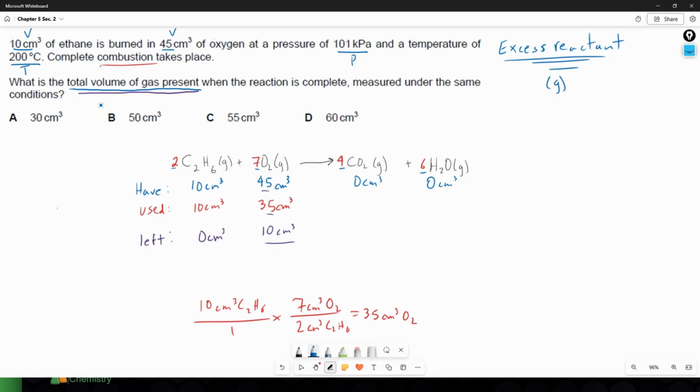But when 10 cubic centimeters of ethane reacted with 35 cubic centimeters of oxygen, it made carbon dioxide and water. If we look at ethane to carbon dioxide, we had a 2:4 ratio between ethane, C2H6, and CO2. Well, a 2:4 ratio is the same as saying a 1:2 ratio.